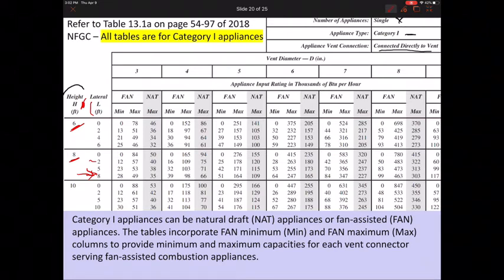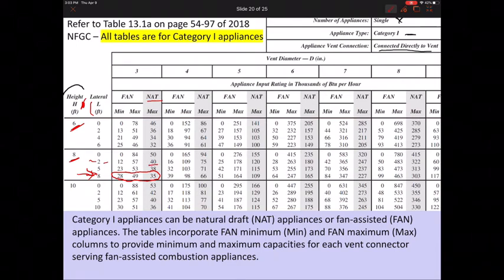Additionally, the other thing I'll point out: if I happen to have a 2-foot lateral, you'll notice that it expands the tables. For example, on the one that I had 8-foot, you'll notice on this one here that for a 3-inch vent pipe, it's allowing you up to 35,000 BTUs of a natural vent appliance.